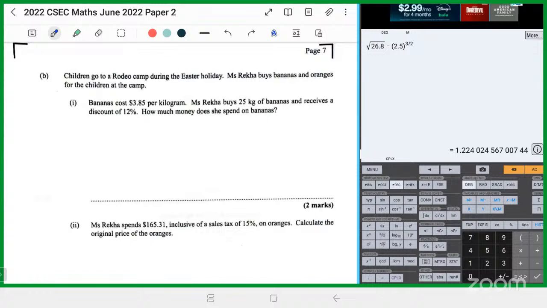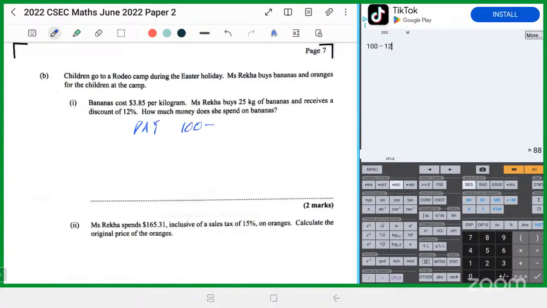So if she gets a discount of 12%, it means that she's spending 88%, that's 100 minus 12. She's spending 88% of the amount that she's supposed to pay. That's the first thing.